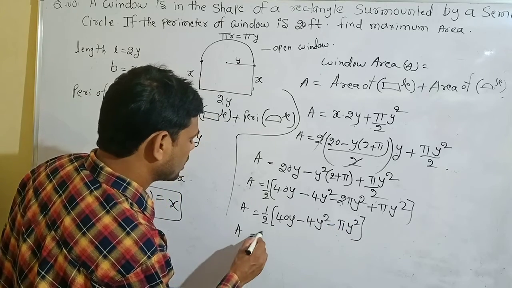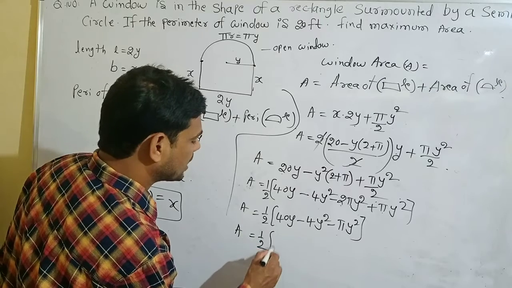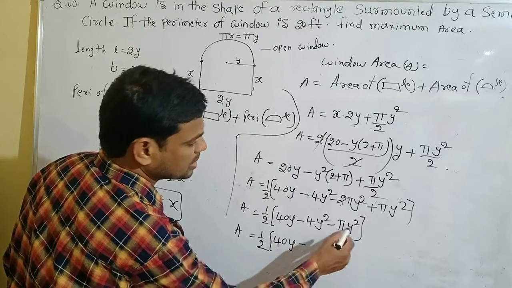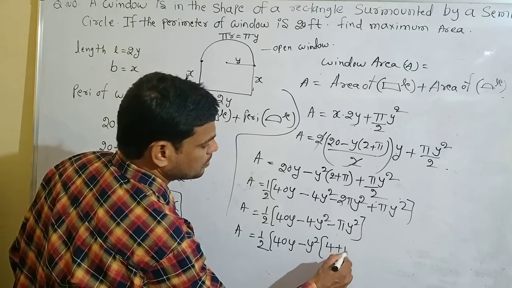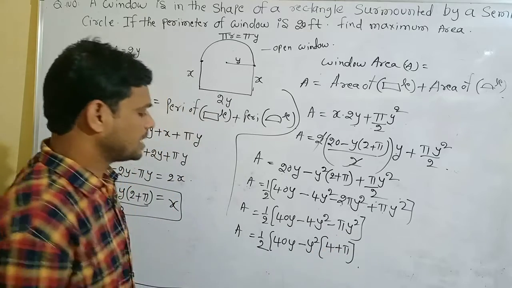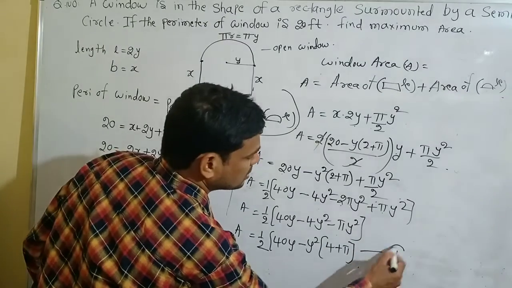Here A equal to 1 by 2 of 40y minus y square (4 plus pi). This is equation 1.